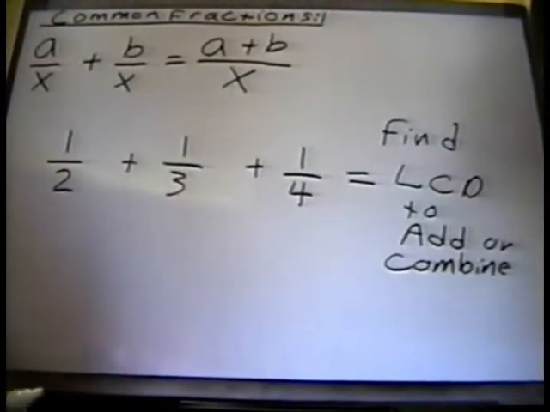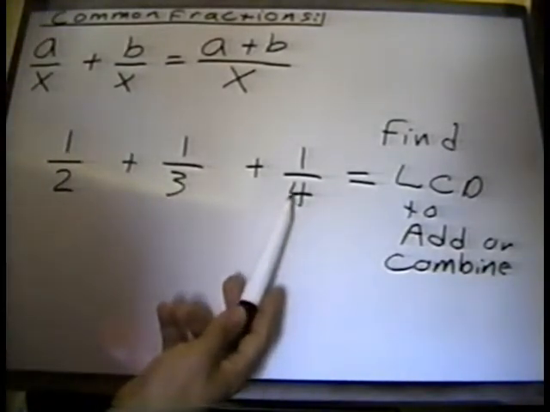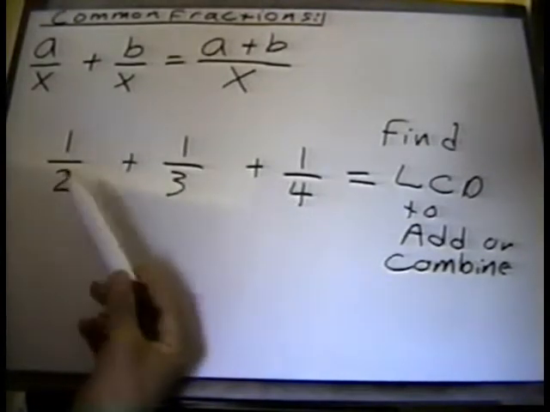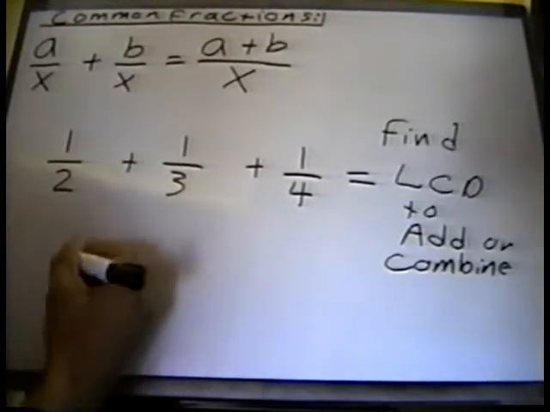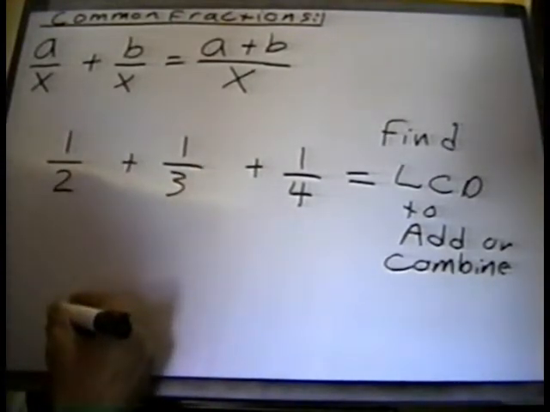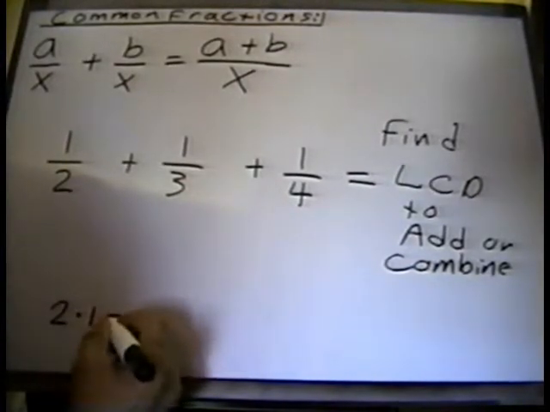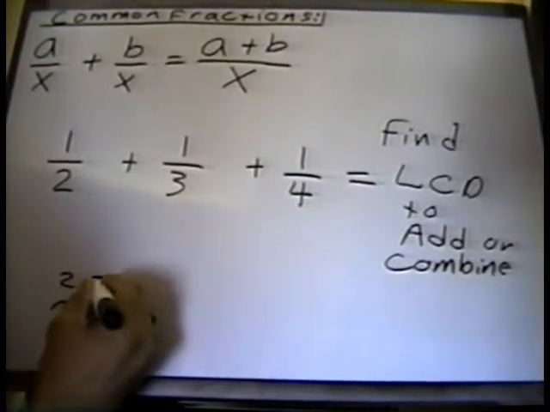Okay, so we must find the lowest common denominator, a denominator that's common to each of these, meaning a number that holds each of these as a factor. If we have 2 times 1, that gives us 2. 2 times 2 gives us 4.